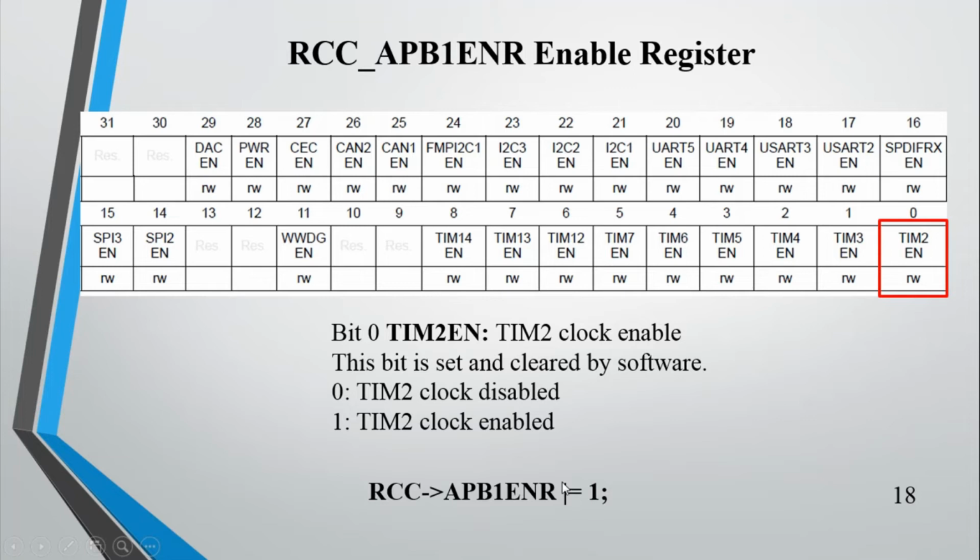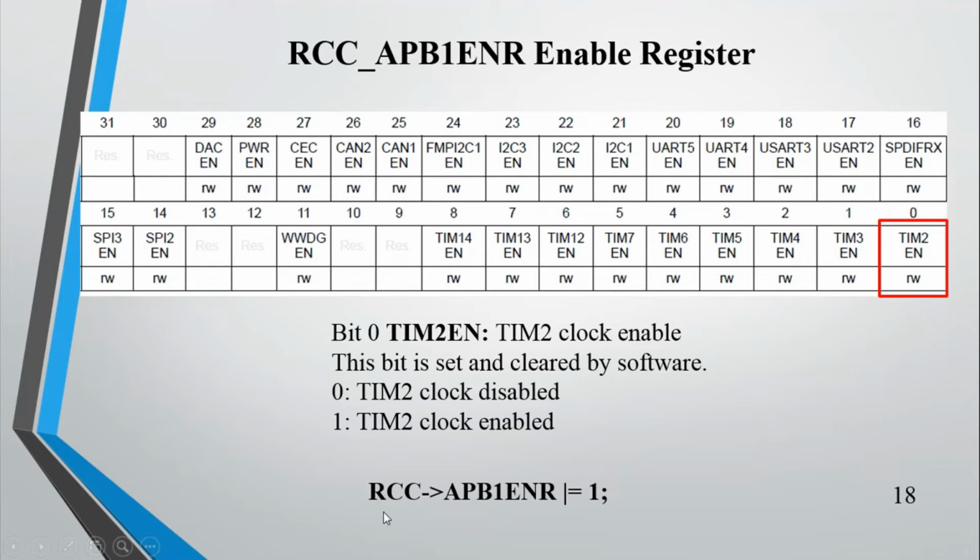How will I do that? I am writing APB1ENR |= 1. That means the 0th bit of the reset and clock control register, that is the RCC peripheral.